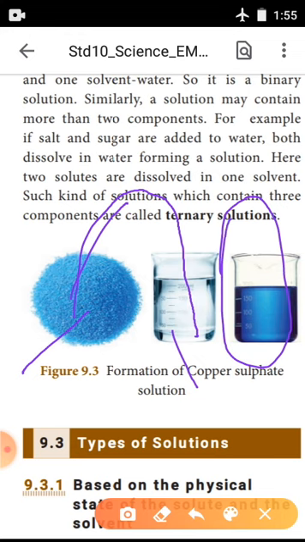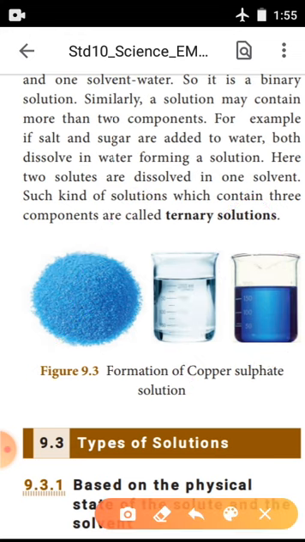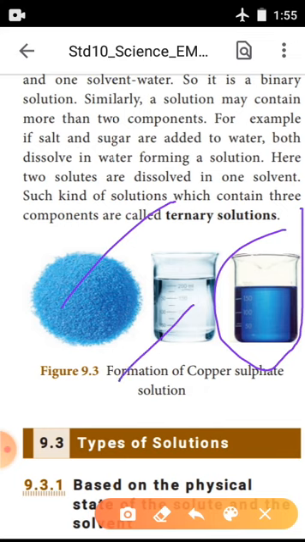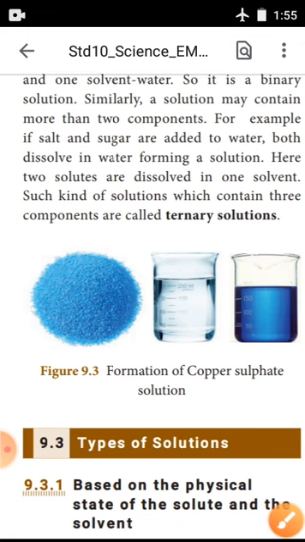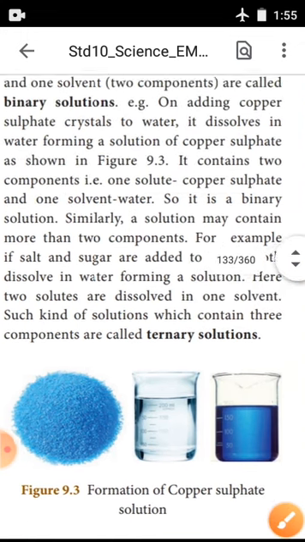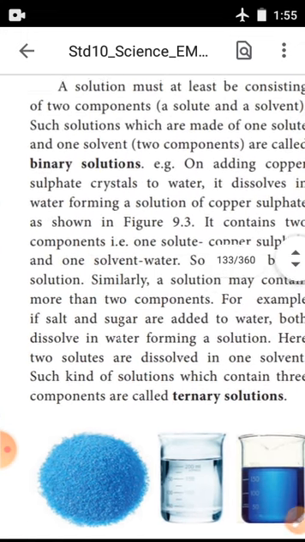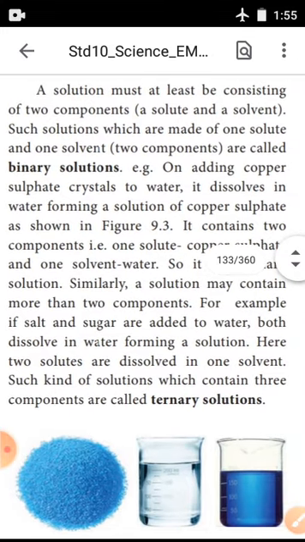This is a binary solution because this solution contains one solute, copper sulfate, and one solvent, water. So binary solution means the solution contains one solute and one solvent.